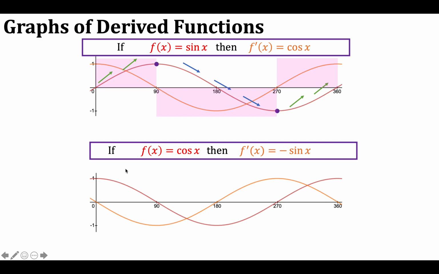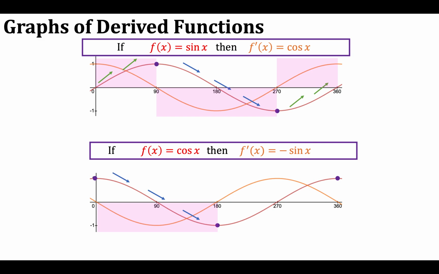And finally, if we look at the graph of cos x in red here, we've got our turning points firstly. So between 0 and 180, the graph is decreasing, which corresponds to something happening below the x-axis in the graph of the derivative.